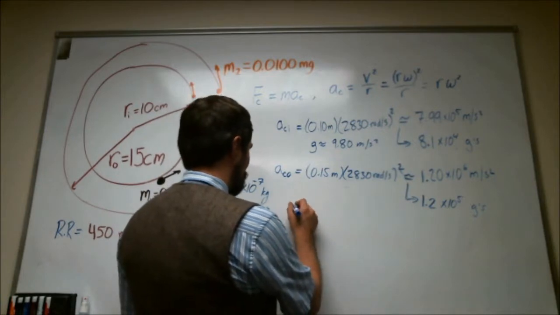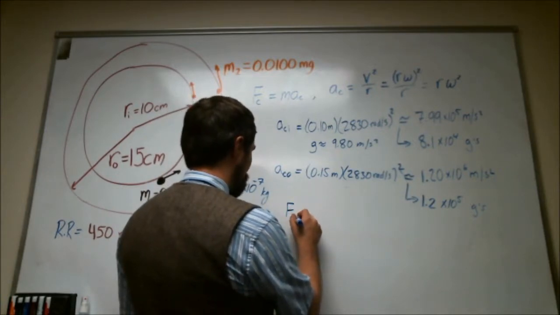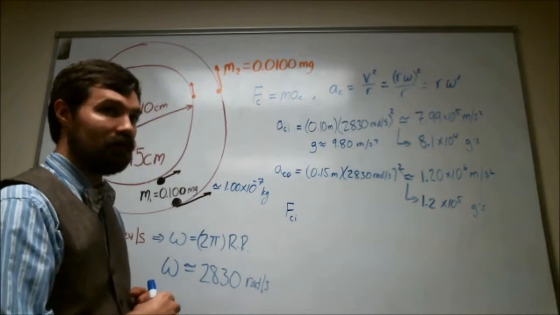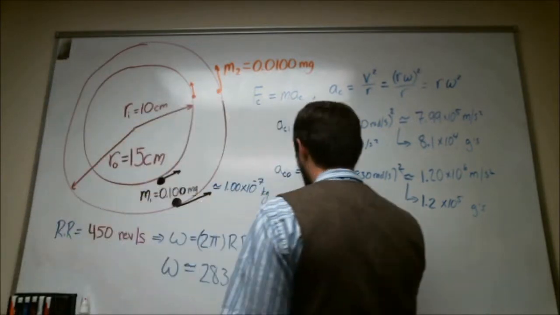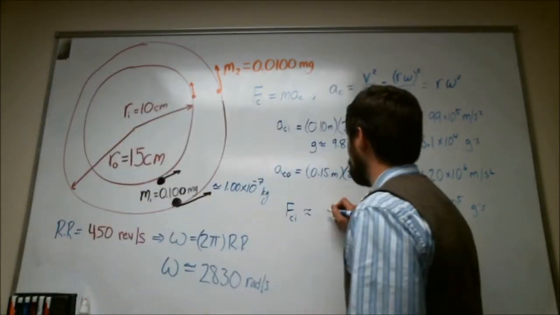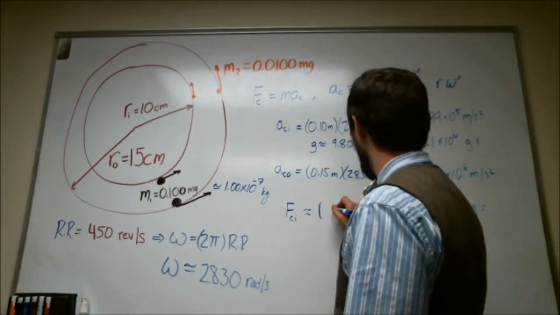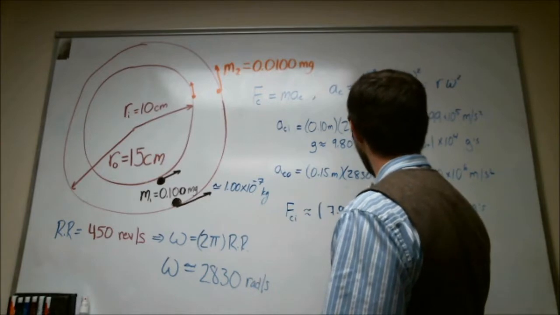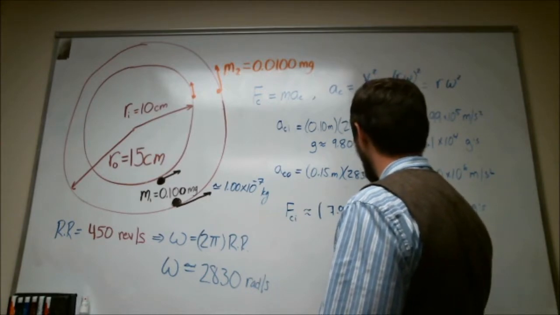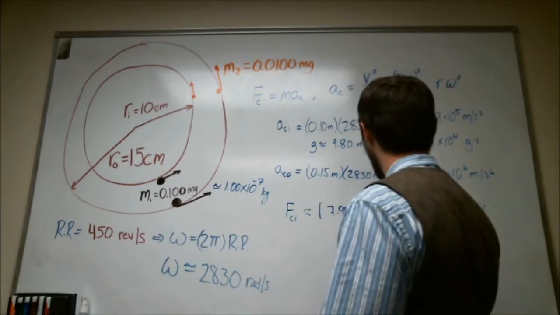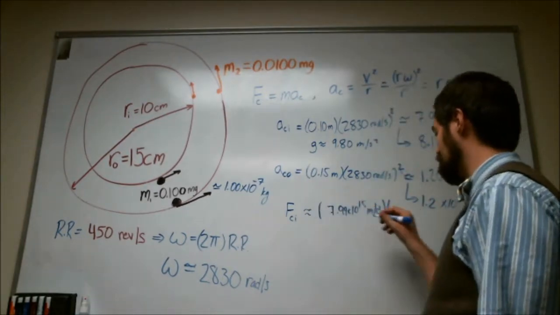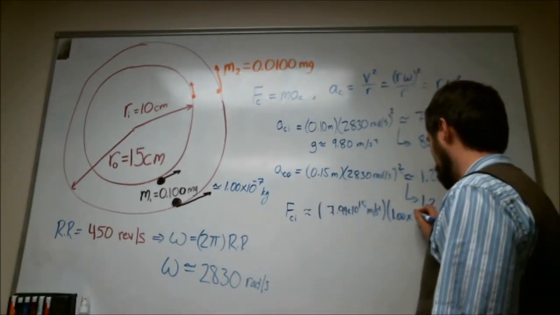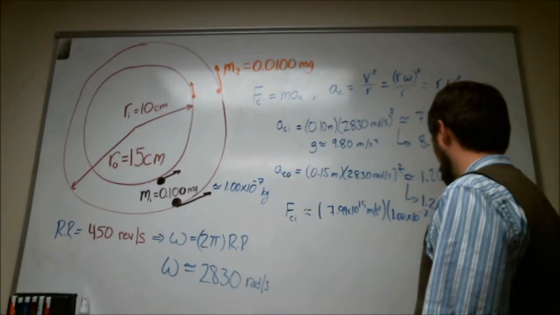So for the inner edge, we have that the force is going to be 7.99 times 10 to the 5 meters per second squared times this mass.